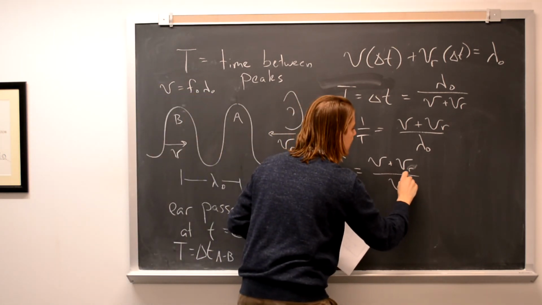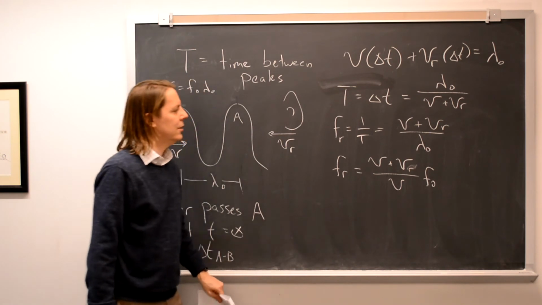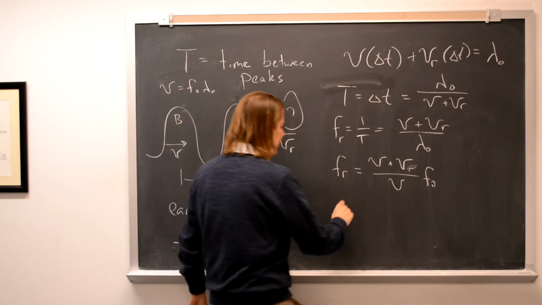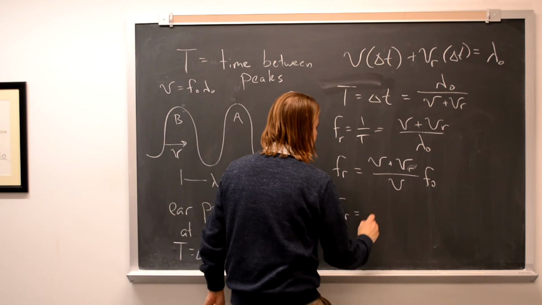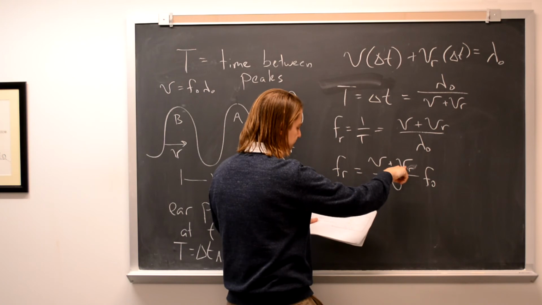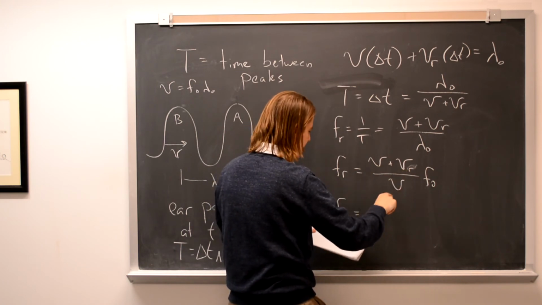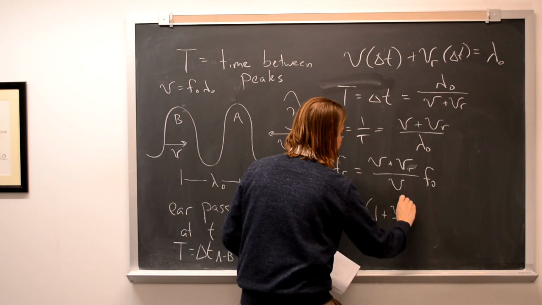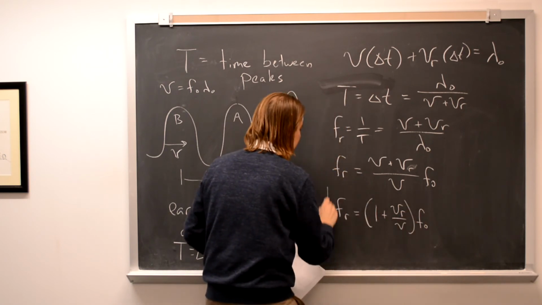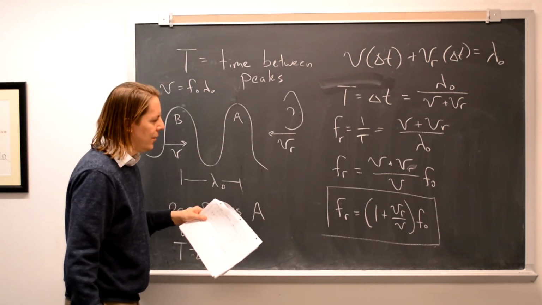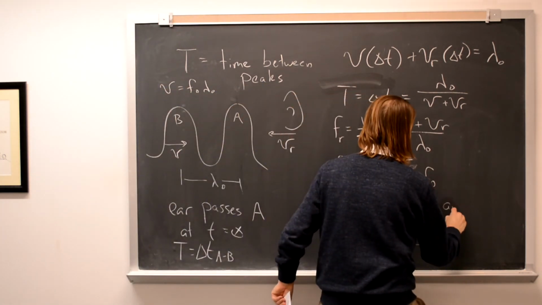The reason we like to write it that way is then you get to say the frequency the ear hears is 1 plus VR over V, times F naught. 1 plus the velocity of the ear over V, times F naught. So that is the Doppler shift for the approaching source.